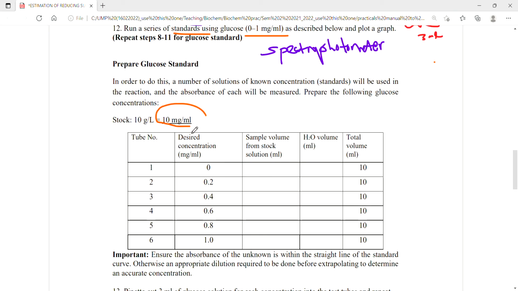So they say prepare 10 milligram per ml of glucose. Maybe you can use this also.